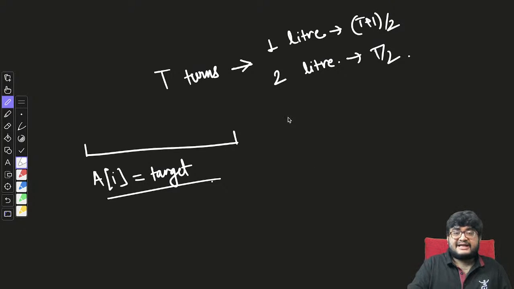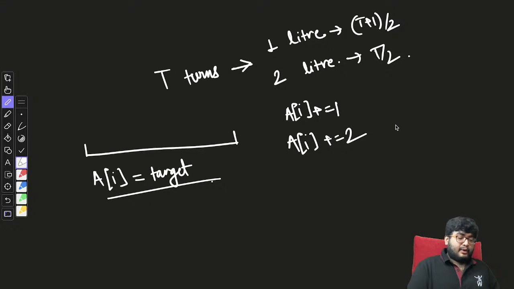The two moves that we have are a[i] += 1 and a[i] += 2. So what will be the optimal target for which we will need the minimum turns? We can make all the elements equal to that value and we'll need the minimum number of turns. What will be the optimal target value?